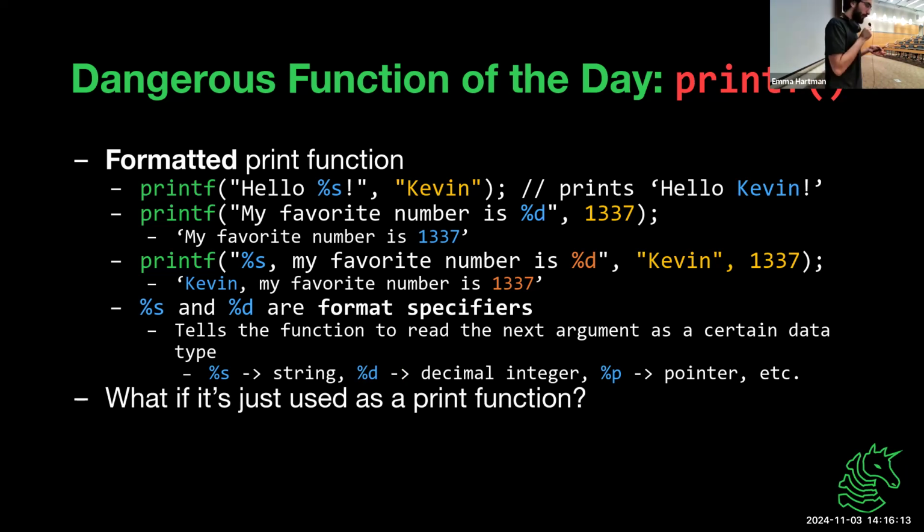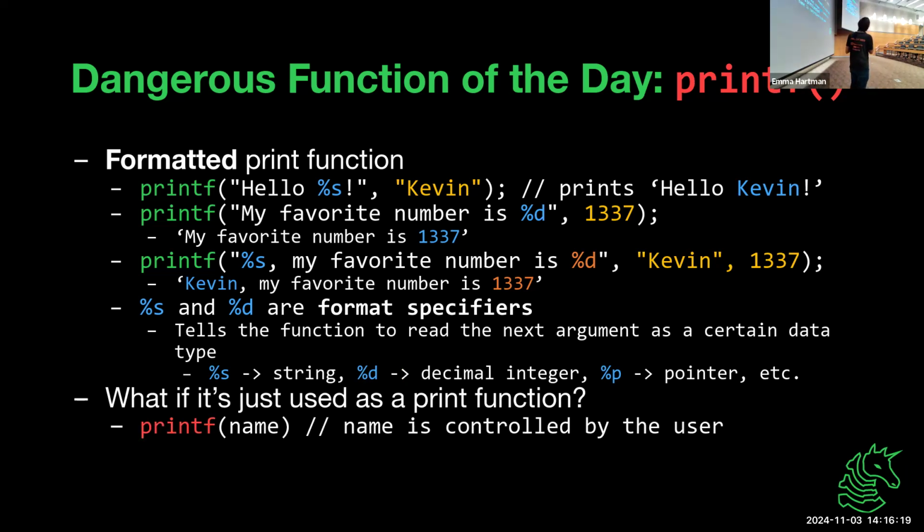So the question is, the first argument is a string. So what happens if we just use it as if a print function with some variable? So printf name. Now, if name is controlled by the user, we can run into a problem, because if the name is Kevin, it prints Kevin, that's fine. But the issue is, if we provide a format specifier, because we input a format string directly, now printf is going to look for stuff.